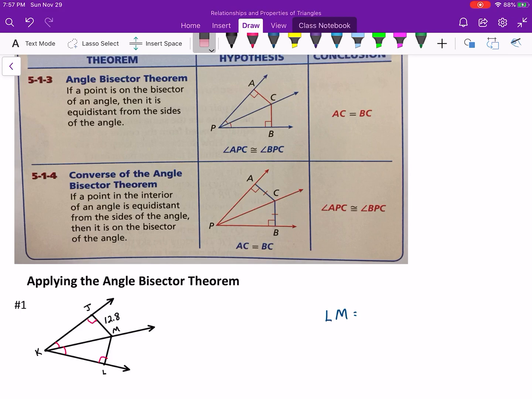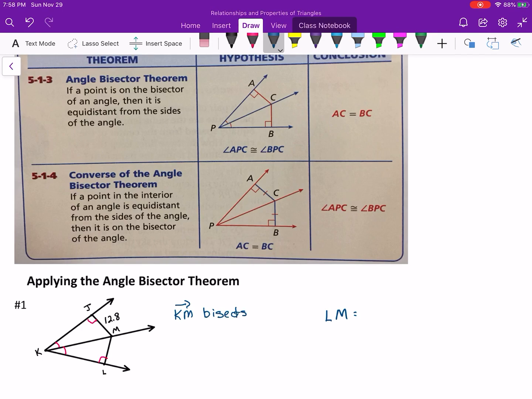First example. The picture I've drawn is very much like the picture in the angle bisector theorem. We can see that we're given angle JKL and that ray KM is bisecting that angle.